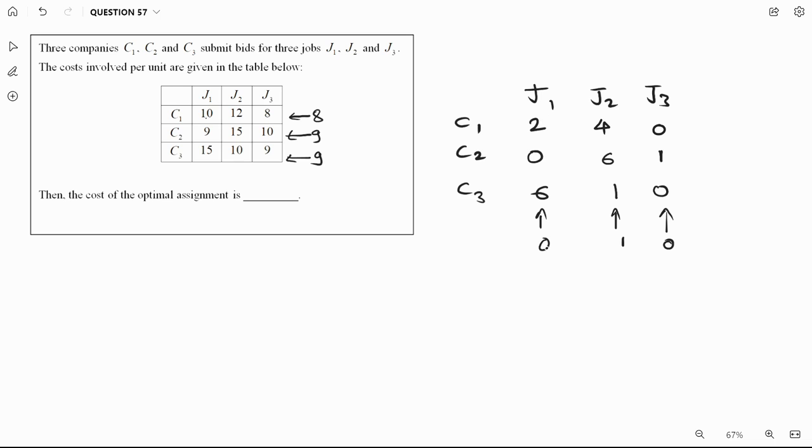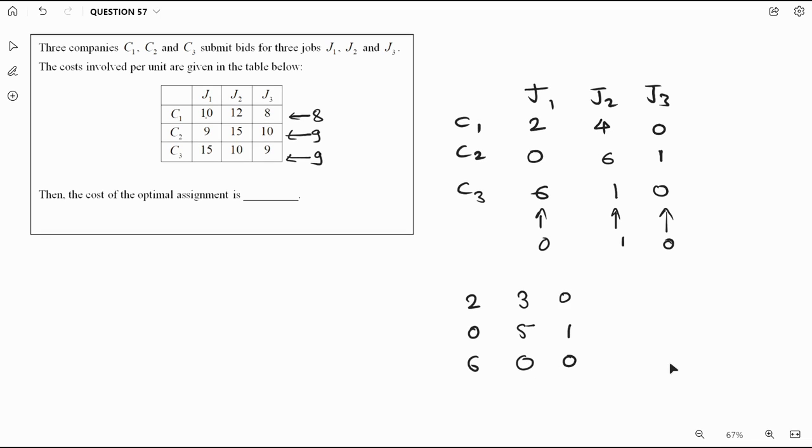If we subtract 0 from every entry, the entries remain the same, but if we subtract 1, the entries change. So we have 2, 0, 6 as the first column unchanged, the second column will be 3, 5, 0, and the third column will also be unchanged because 0 is the minimum. So we have 0, 1, 0.